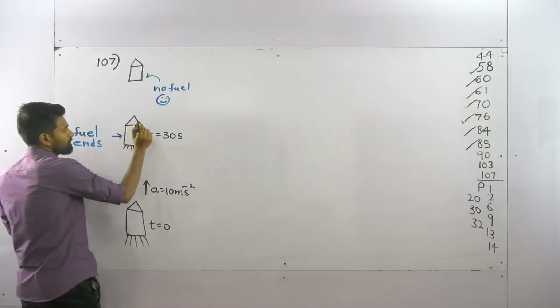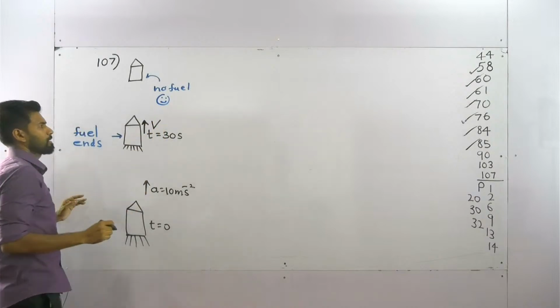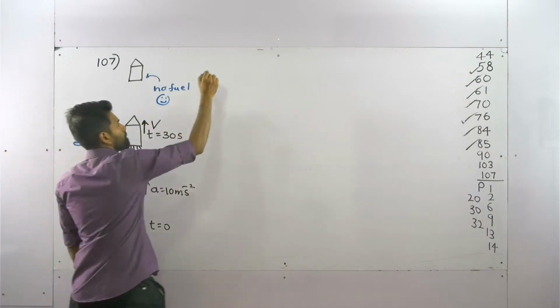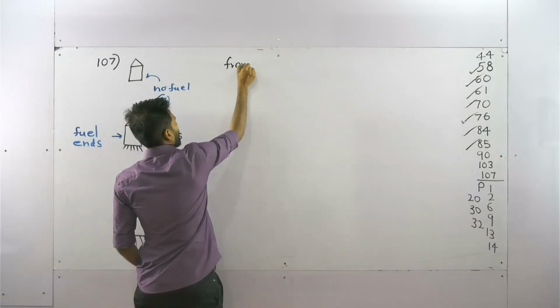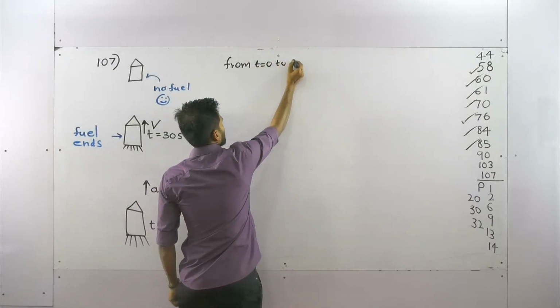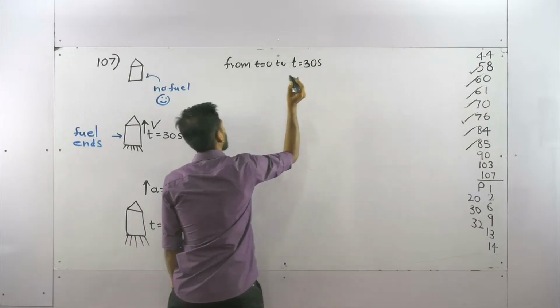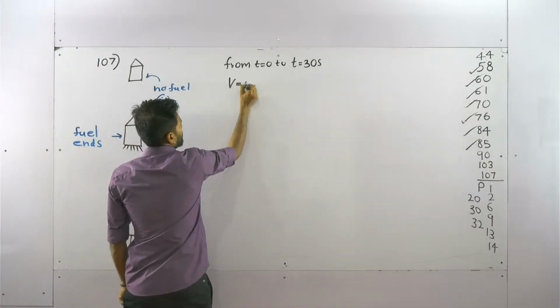So what will be the velocity that it gained after 30 seconds? From t equals 0 to t equals 30 seconds, applying v equals u plus at.